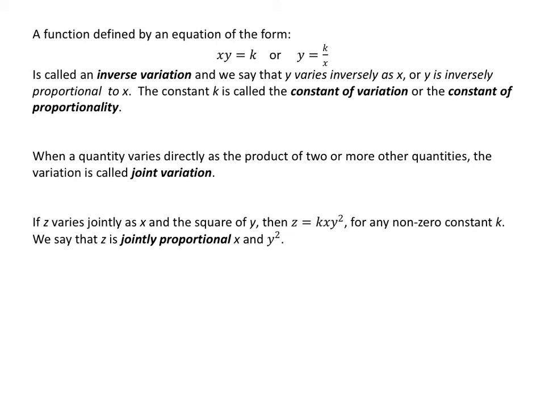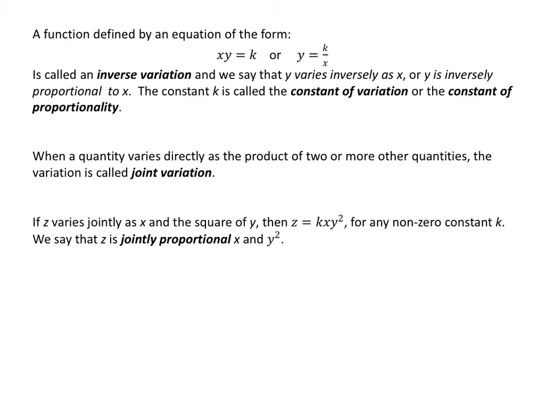So here, we've still got x, y, and k, but this time x and y multiply together to get us this constant, or if we're looking at it like a function, y is equal to the constant divided by x, meaning that x is in your denominator, and this is called inverse variation. And we say that y varies inversely as x, or that y is inversely proportional to x. That constant k is the constant of variation, or the constant of proportionality.